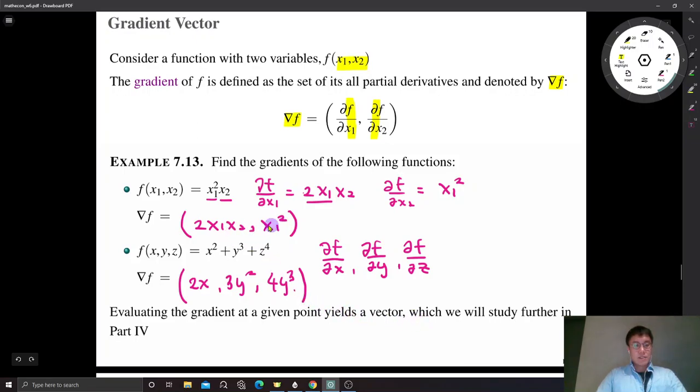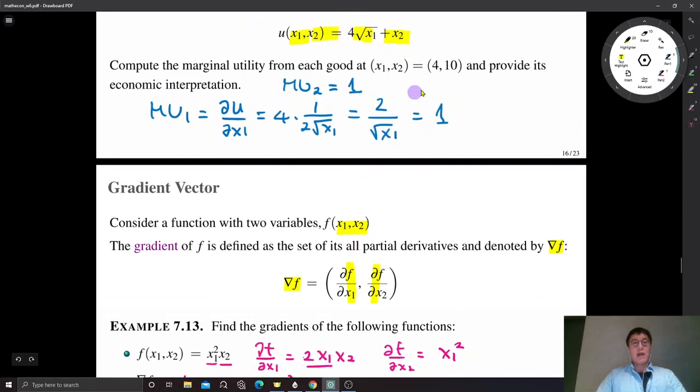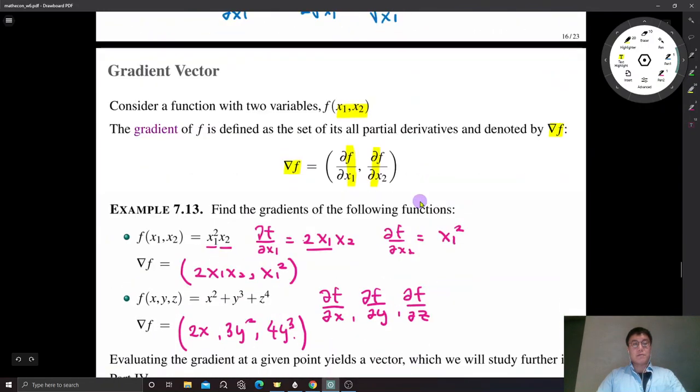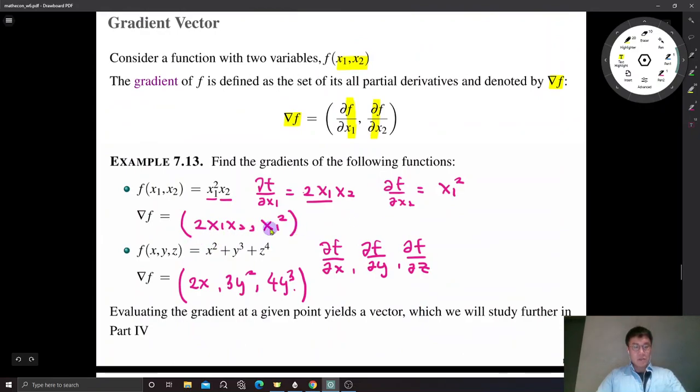So if we evaluate each partial derivative at some specific point, just as we evaluated the partial derivative at a specific point in the previous example, if I evaluate this one at (1, 1), so when x1 and x2 are equal to 1, then this gradient is going to be the vector (2, 1). Okay? And it has a very important meaning in optimization theory. So we are going to come back to the gradient in the last part.